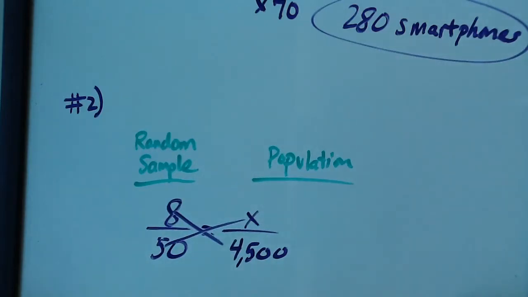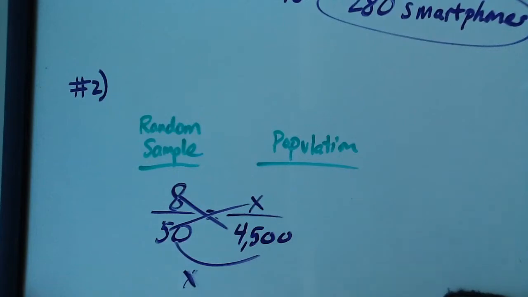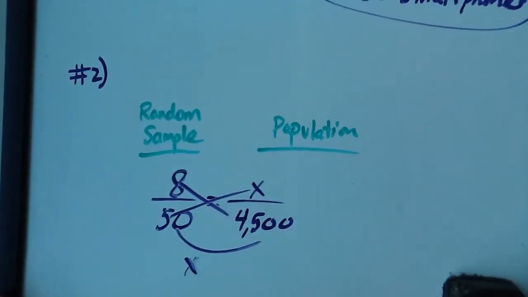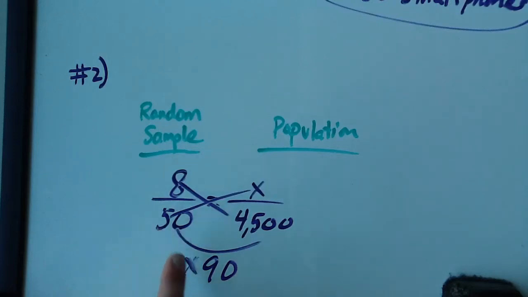Or I could say, how did I get from 50 to 4,500? What did I multiply by? And again, if it's not obvious, if you don't know right away, what you can do is take this number, 4,500, divide by 50, and you would get 90. So 50 times 90 is 4,500.